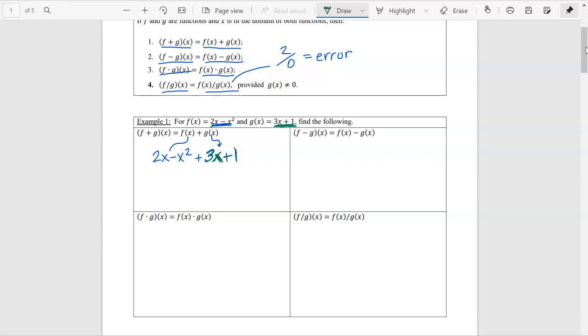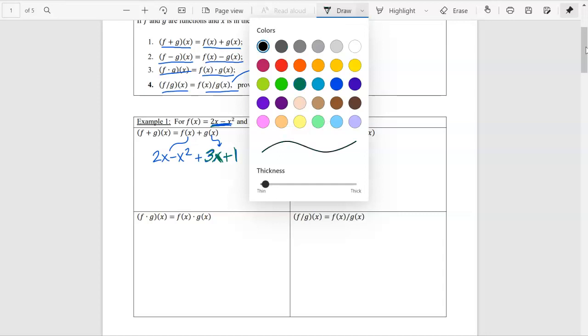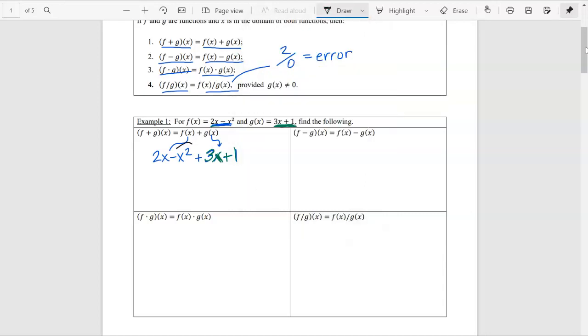Well, we can combine like terms, but that's about it. When I'm looking at this, the highest power of x I see is my negative x squared, so most of the time you would list that in the front. Then I would combine my regular x's. I've got a 2x plus a 3x, that's going to give me 5x. And we've got a plus 1 at the end.